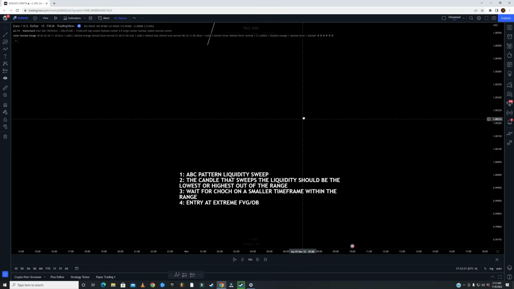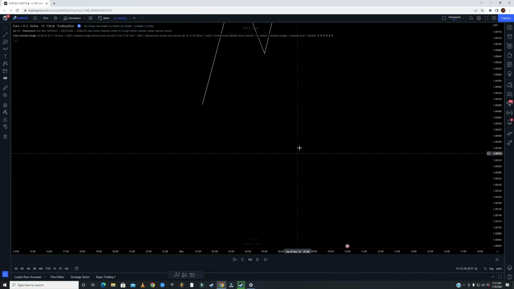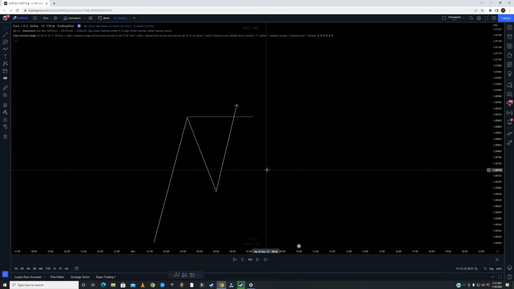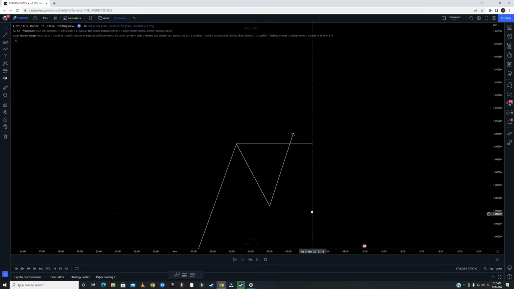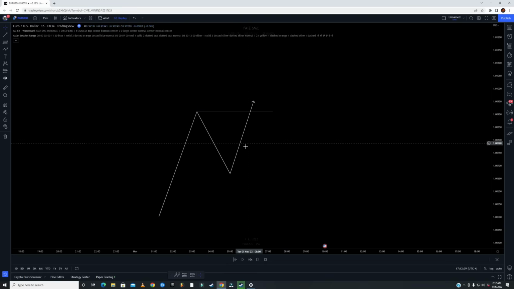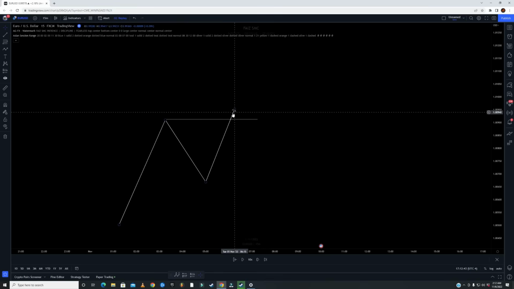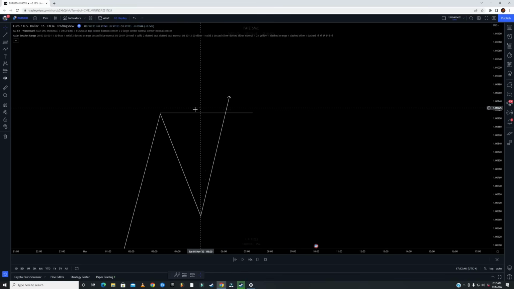So what is rule number 2? The candle that sweeps the liquidity should be the lowest or highest out of the range. You need to understand this very carefully. We have the A leg, the B leg, and then the C leg. When price goes above it, the very first candle that sweeps the liquidity and then closes, I do not want to see another candle go above it.